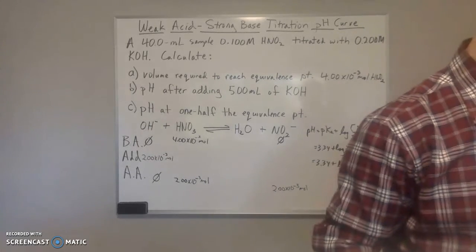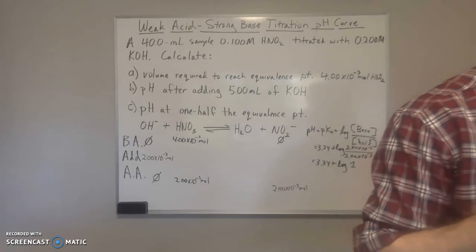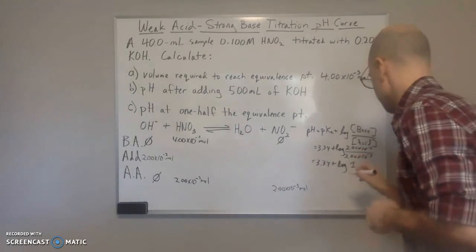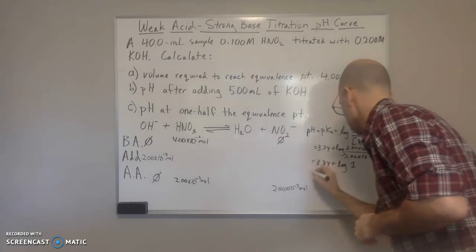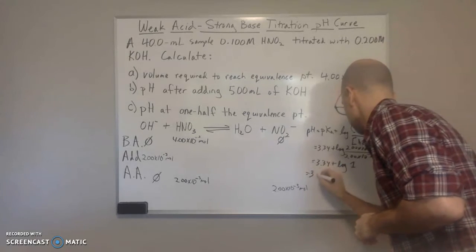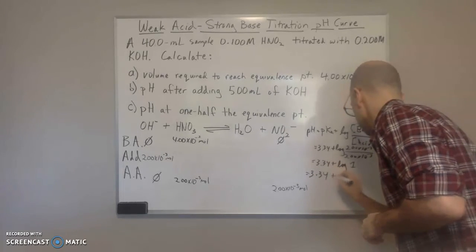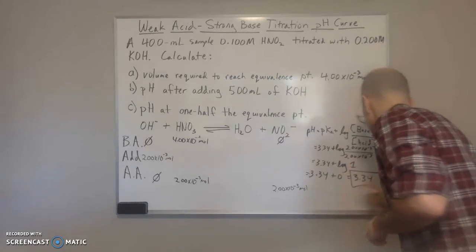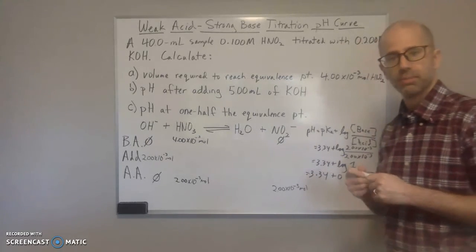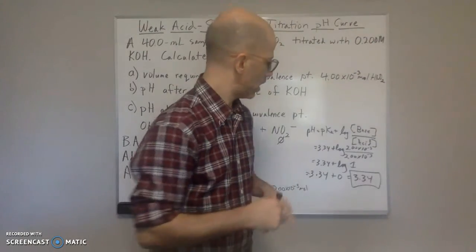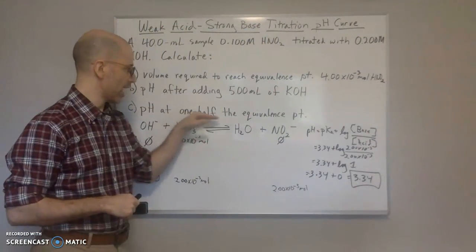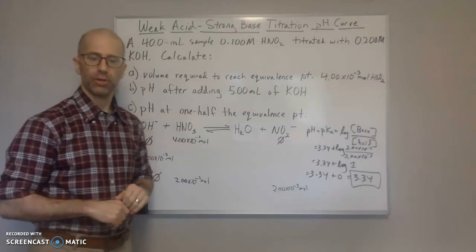And because it's equal to 1, the log of 1 is 0. So this is equal to 3.34 plus 0, which is equal to 3.34 for the pH. So that is the pH of the solution after you reach the 1/2 equivalence point.